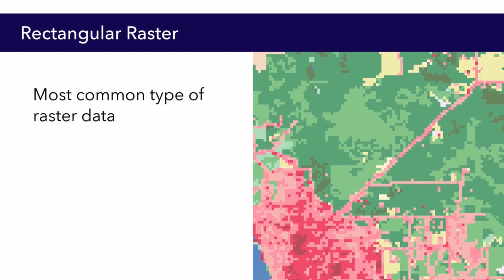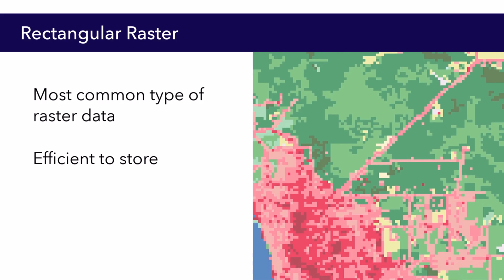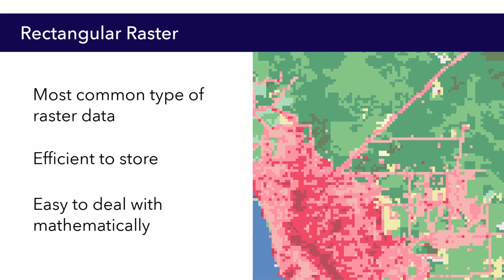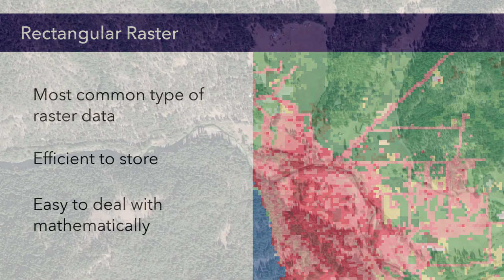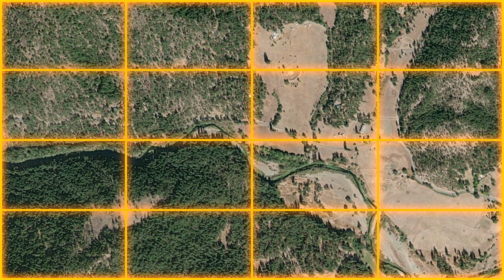How does that work? So typically we use the raster. We use rasters because they're an easy way to store and deal with mathematical data. They're pretty efficient. But here's an example where we have an image of forests, and if you dropped a raster on top of that, you would have a bunch of squares. And then within each one, you could collect data on something like, say, soil moisture.